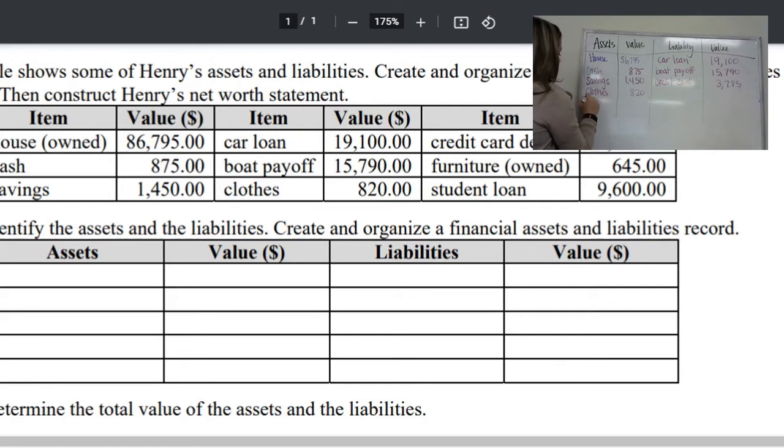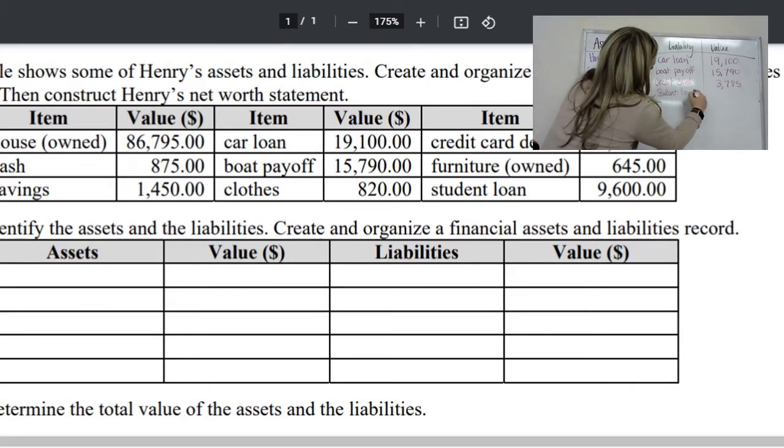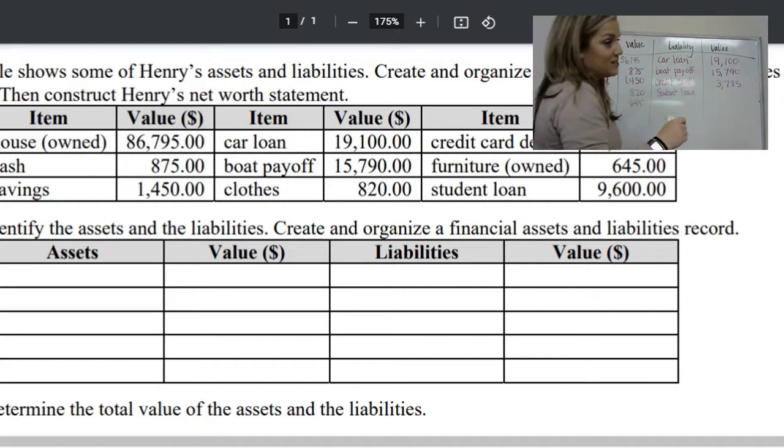That's going to be an asset. So we're going to put it over here, furniture, and it's worth $645. Wow. The clothes he wears is worth more than what he sleeps and sits on. Okay, and student loan, that is a debt. That's going to be a liability. Student loan, and that's $9,600.